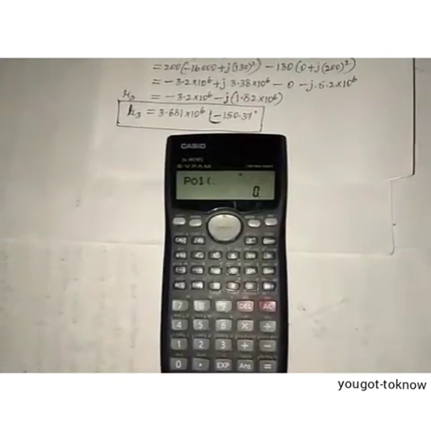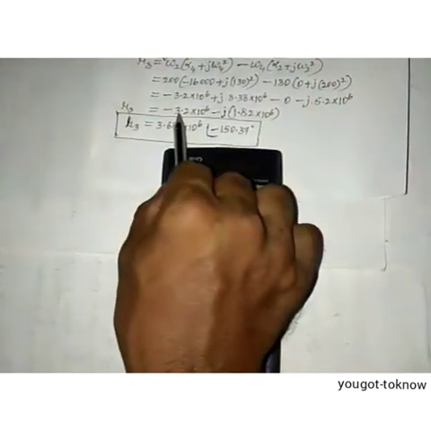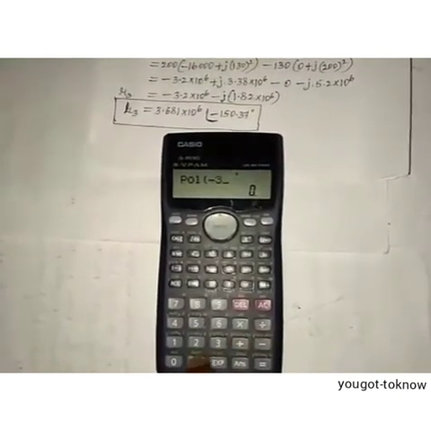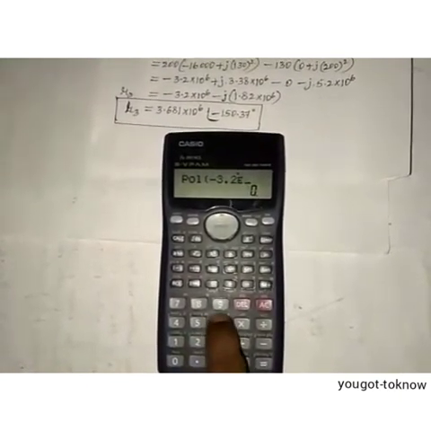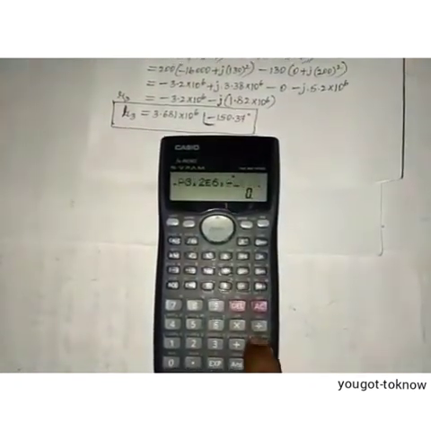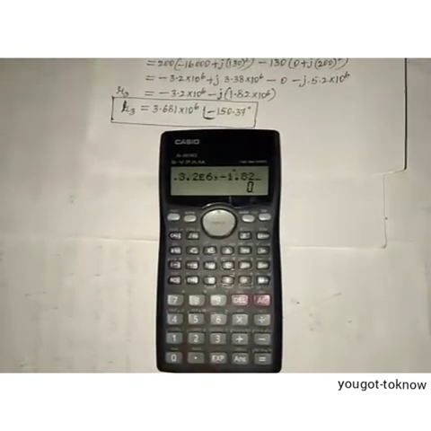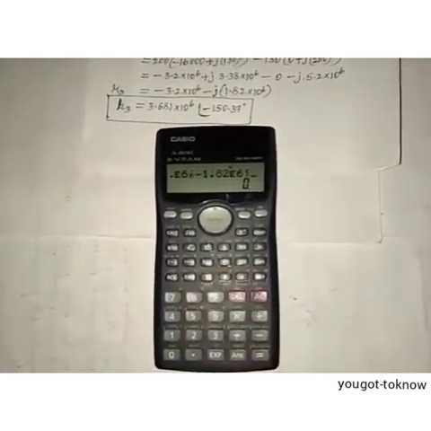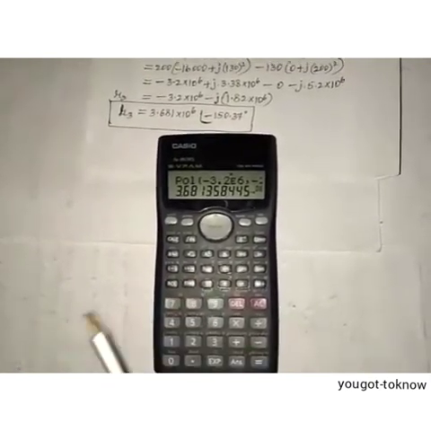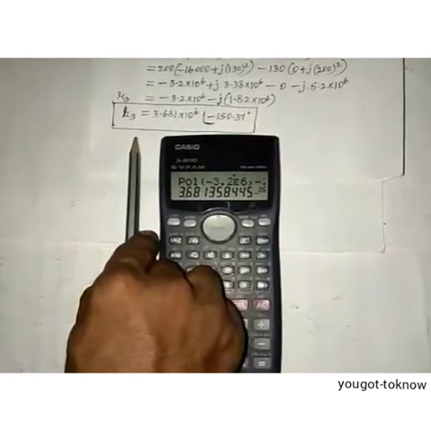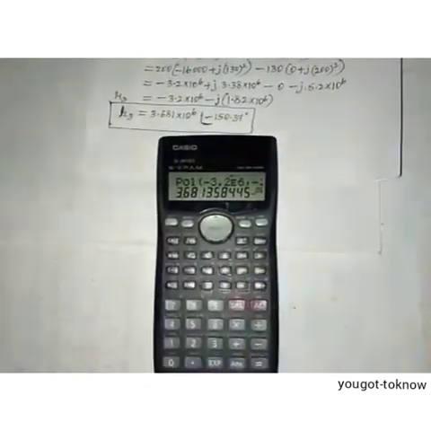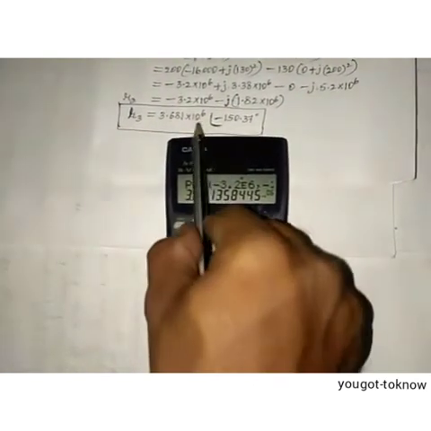polar, type R2 value minus 3.2 e power 6 comma, again negative sign, minus 1.82 e power 6, close the bracket, then press the equal button, then we get the value of R3, that is positive 3.681 into 10 power 6.